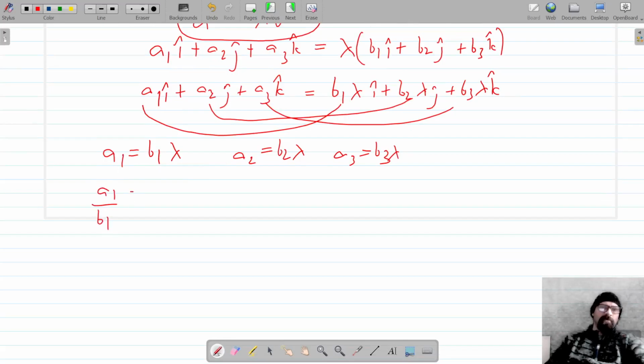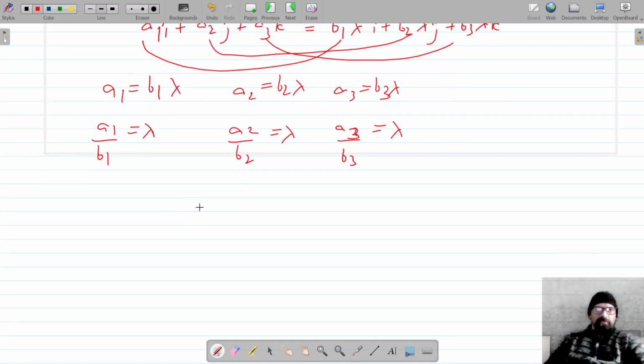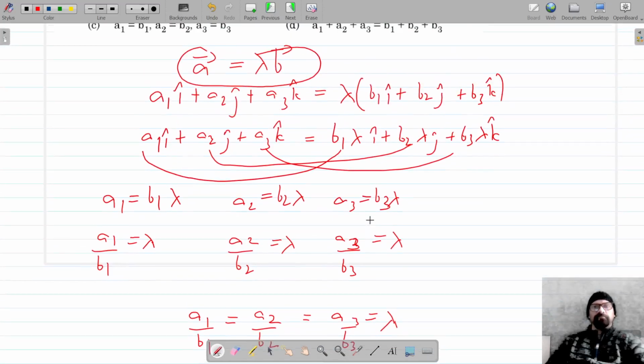So A1 by B1 is equal to lambda, A2 by B2 is equal to lambda, and A3 by B3 is equal to lambda. That means A1 upon B1 is equal to A2 upon B2 is equal to A3 upon B3 is equal to lambda.